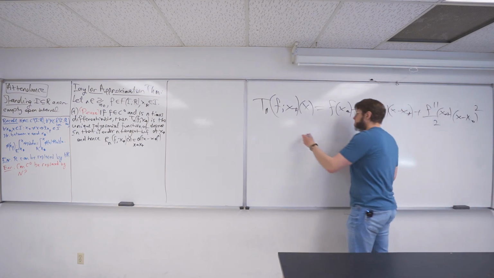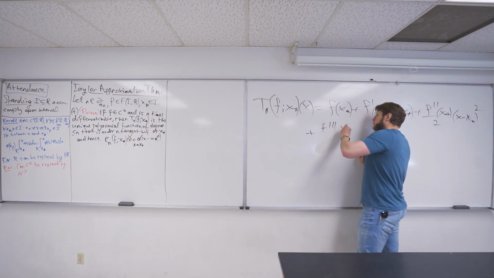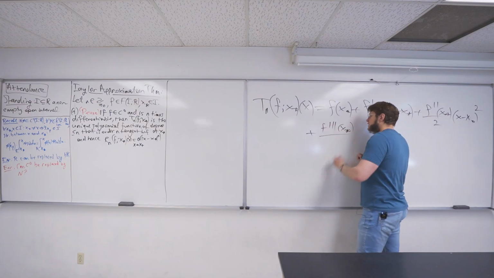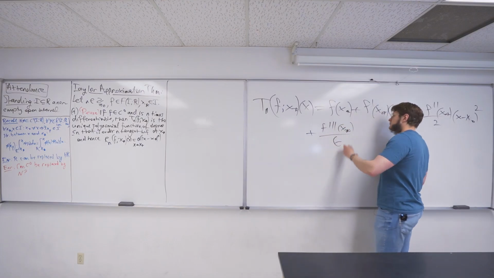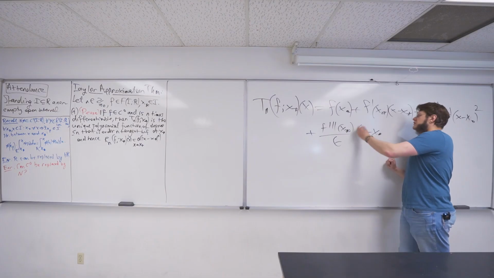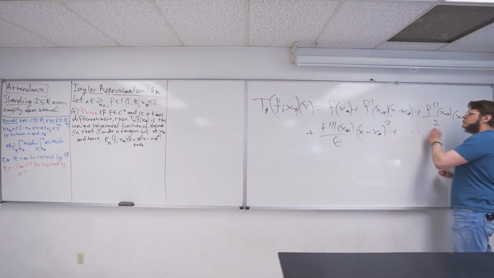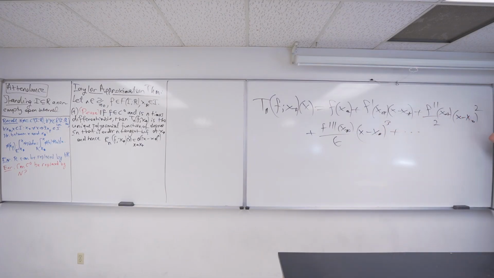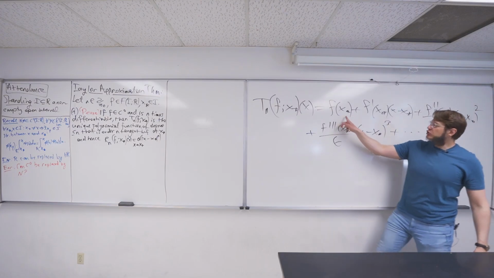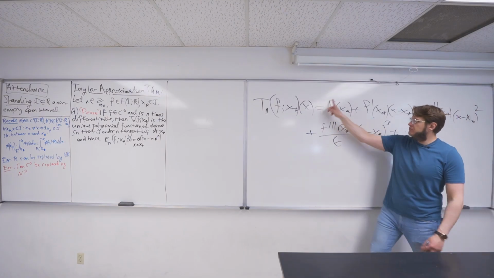I'll write one more. Third derivative at x star divided by 3 factorial, which is 6, times x minus x star raised to the power 3, and so on. Okay. So continuity was all about this 0th order term.